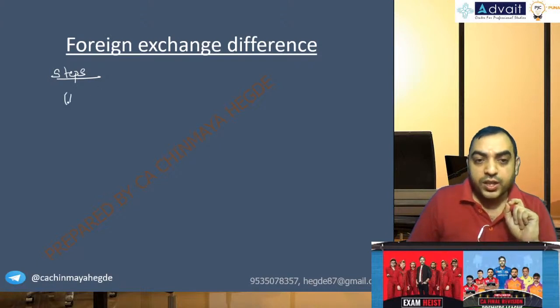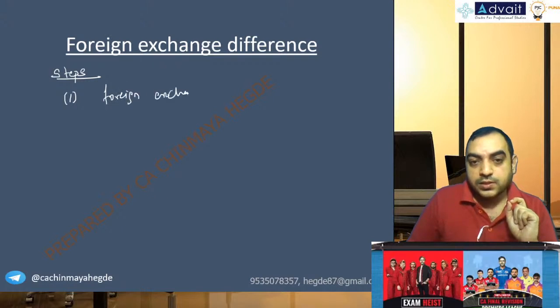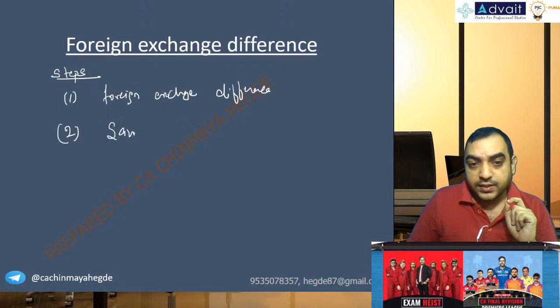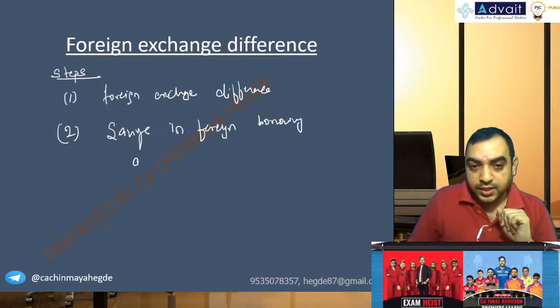Step 1, you compute what is the foreign exchange difference, which usually will be a loss. Second step, you compute the savings in foreign borrowing. How do you compute the savings?